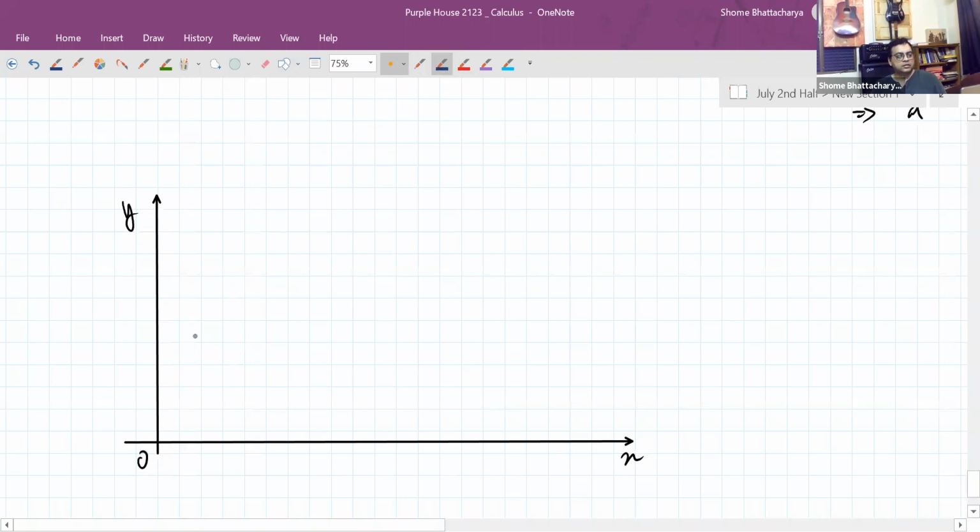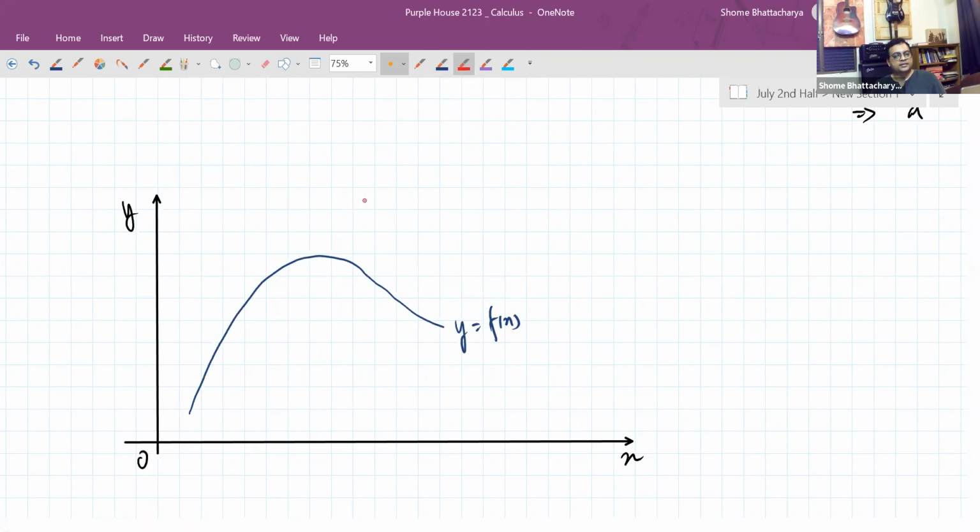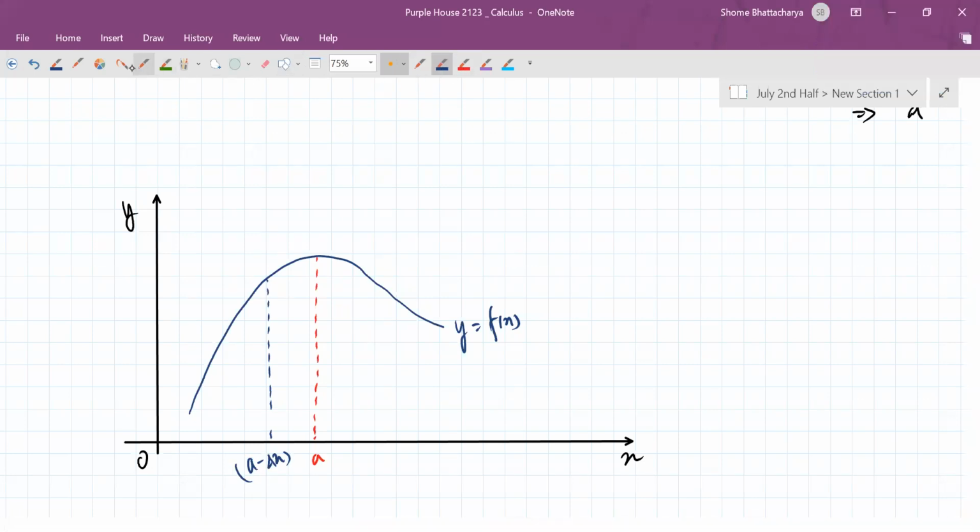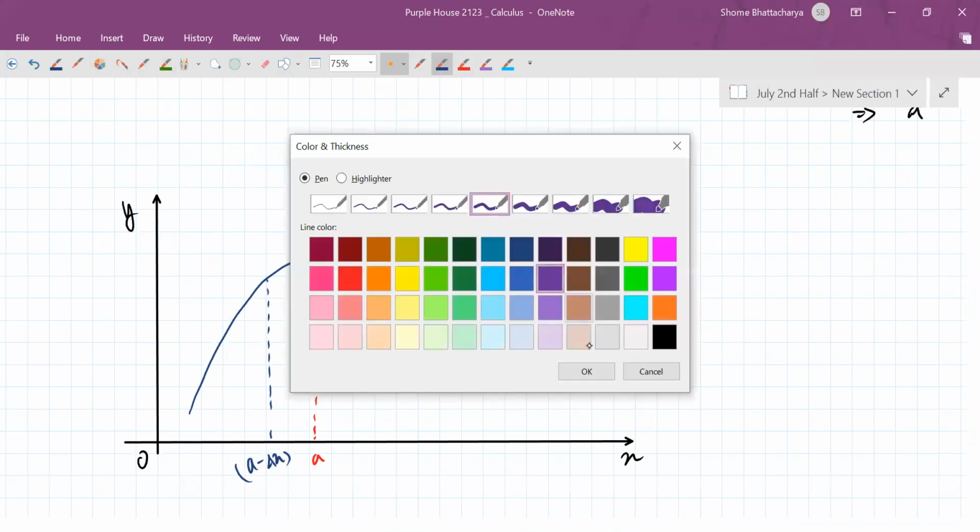So for example, if I'm just concentrating on a peak point like this in the graph of a function y equal to f(x), at the point A you can see it's reached a local maximum. Now, what would happen if I drew a tangent at some point like this, at A minus delta x? Should it have a positive slope or a negative slope? Positive.